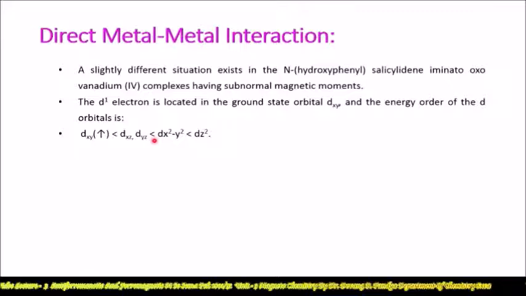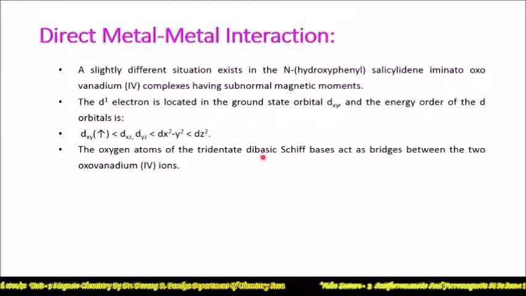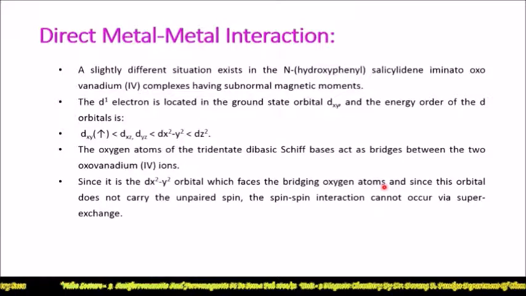The oxygen atom of the tridentate dibasic Schiff base acts as a bridge between the two oxovanadium(IV) ions. Since it is the dx²-y² orbital which faces the bridging oxygen atoms, and since this orbital does not carry the unpaired spin, the spin-spin interaction cannot occur via superexchange in this complex.